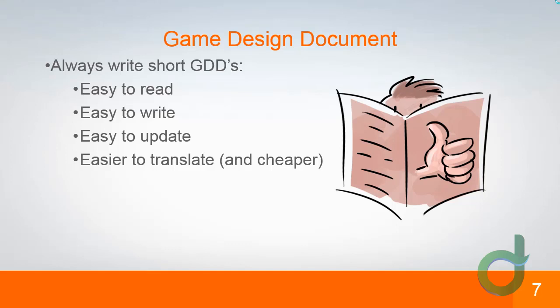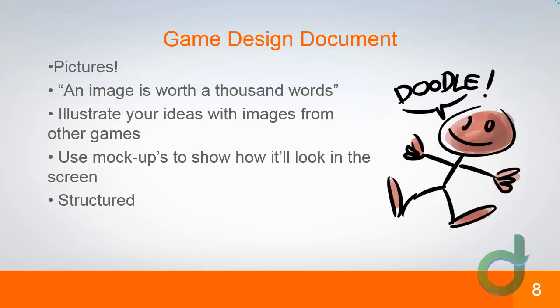And of course, this is something that carries over from the pitch document: you have to rely on pictures. That doesn't mean that, of course, it's a document, so it's going to have a lot of text, but you have to rely on pictures because an image is worth a thousand words. So it's really useful to illustrate your ideas with images from other games.